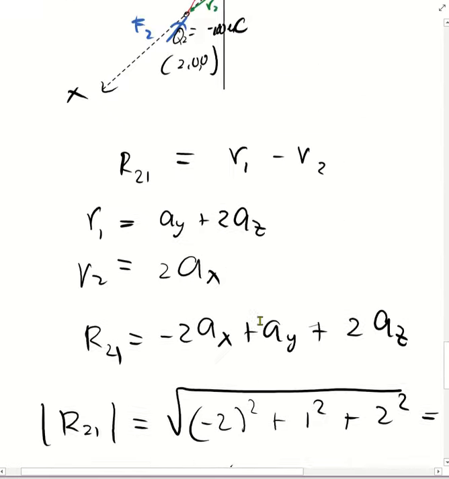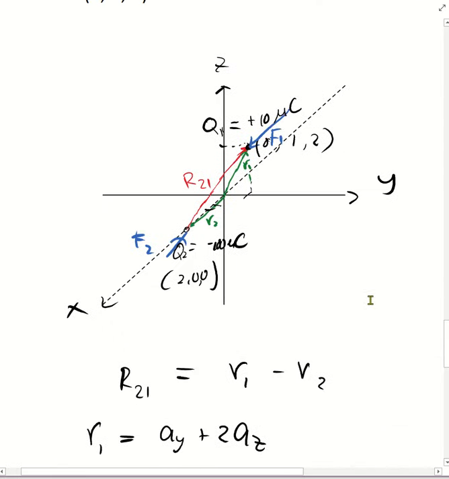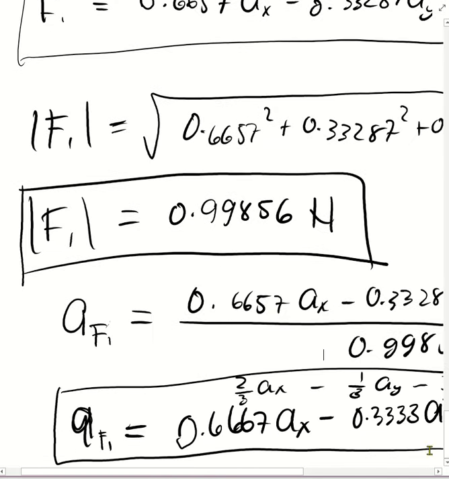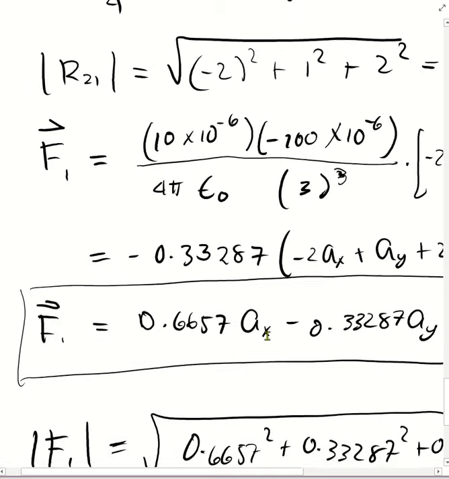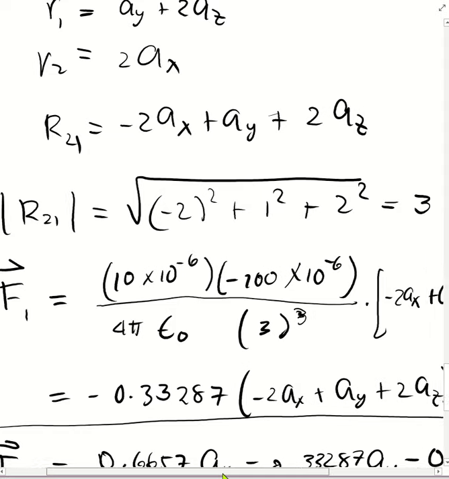So now what if I want to determine the force F2? For the force F2, it's the same magnitude, 0.99856. The only difference is the direction.